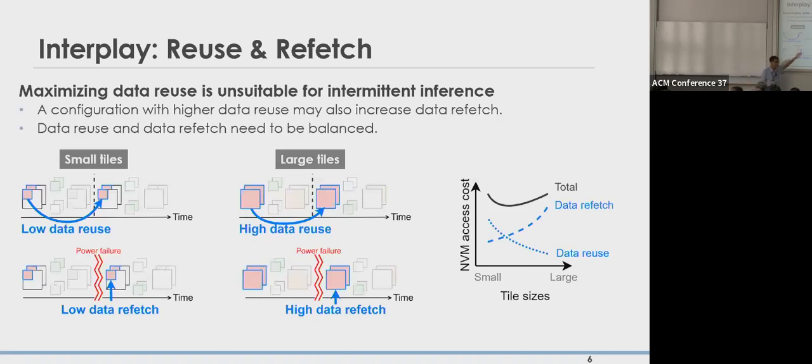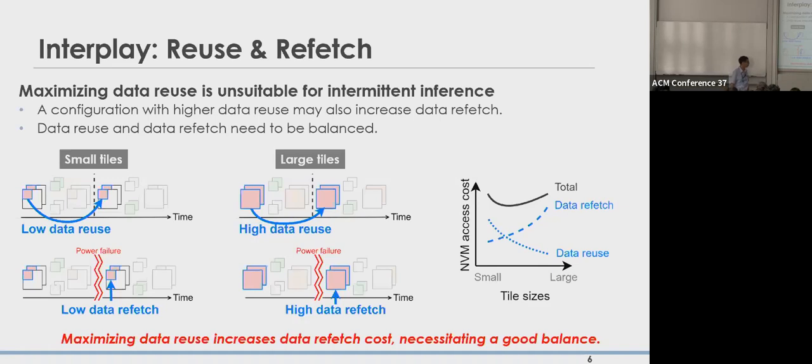On the other hand, when the tile size is larger, we can reuse more data when power is more stable. But when power fails, we also need to fetch more data from NVM to VM, incurring a high cost. So we need to take a balance between data reuse and data refetch costs for intermittent systems.